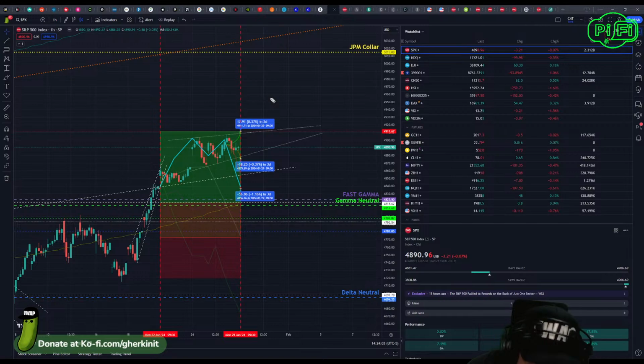But what you get with this is that by selling so much short vol, you're forcing the market maker to hedge vol on the downtick because the market maker is long vol.